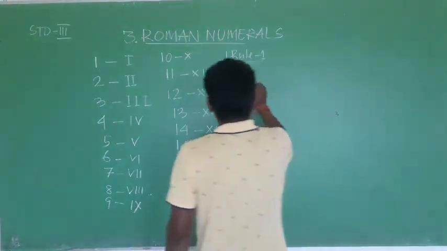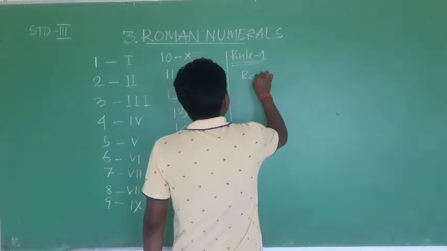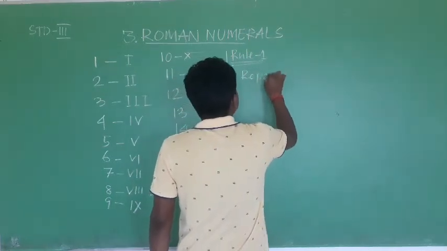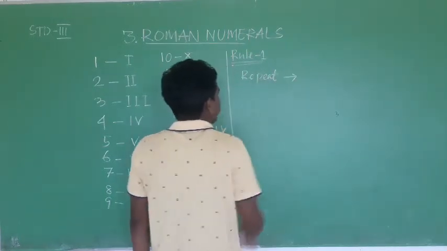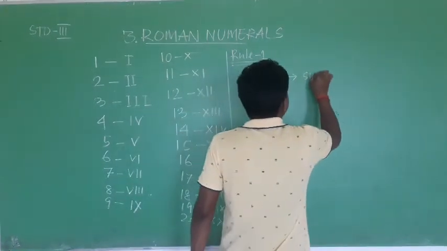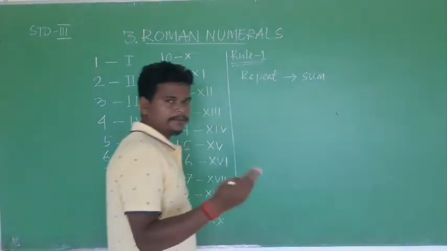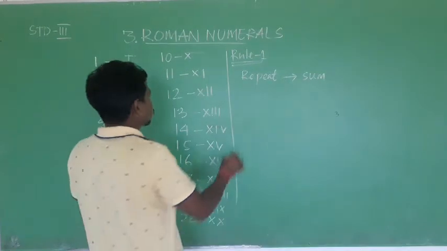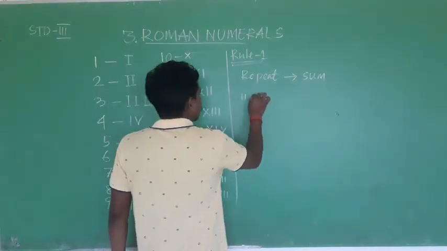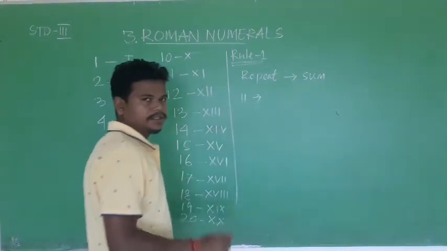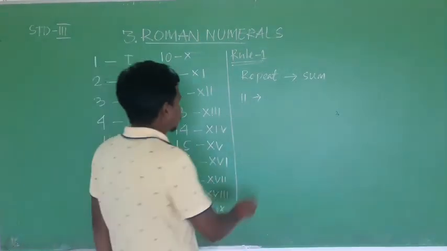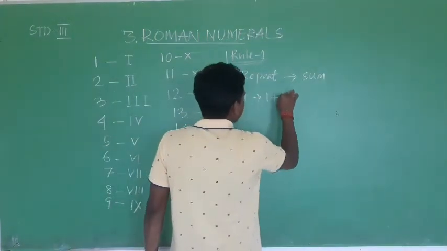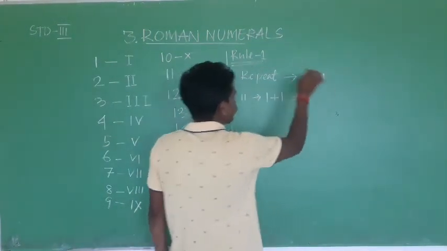Sum means when a numeral is repeated, then the number will be their sum, right? Suppose I say II. I means 1. That is 1 plus 1 is equal to 2.